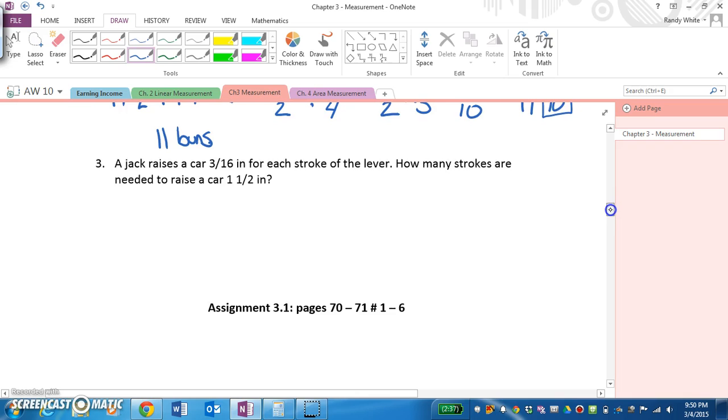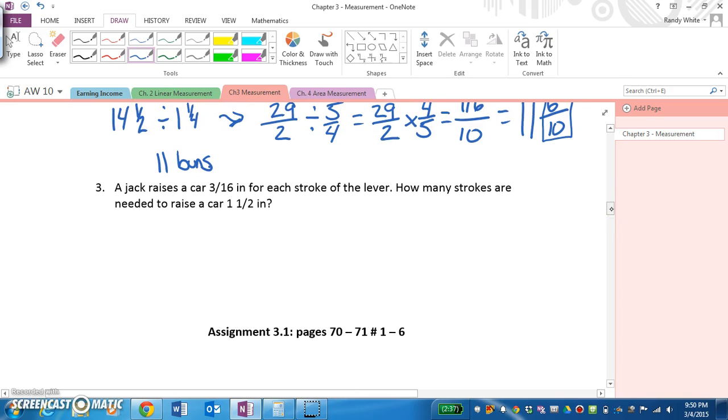Okay. Jack raises the car 3/16 of an inch for each stroke of the lever. How many strokes are needed to raise the car 1.5 inches? So again, take 1.5 inches, divide that by 3/16.